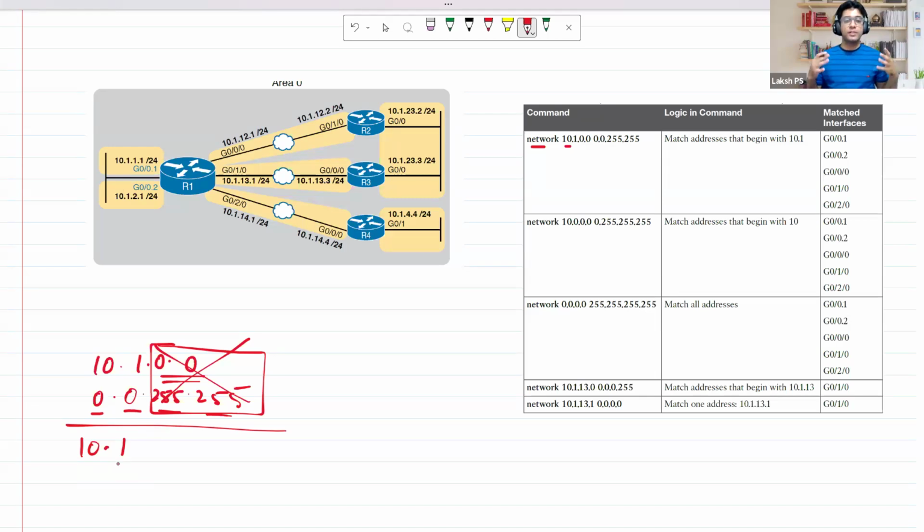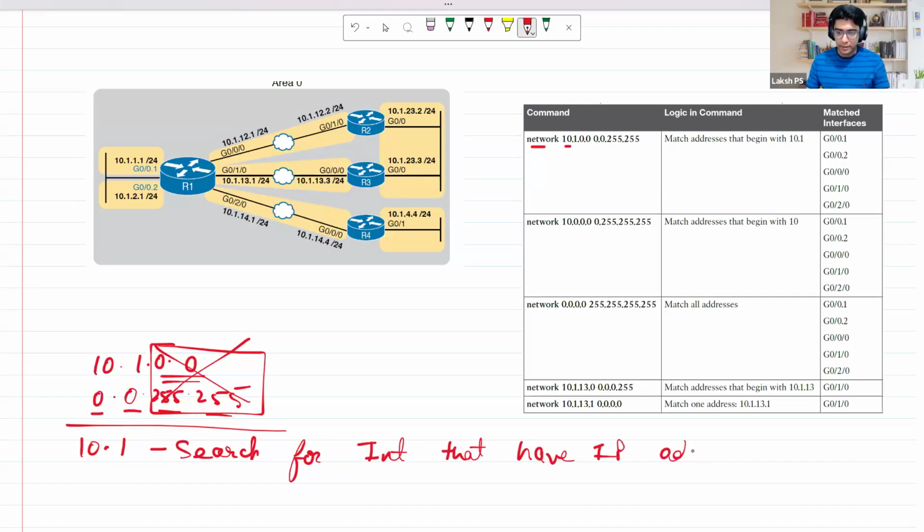Now, what OSPF does with this network command and wildcard combination is that it will search for interfaces that have an IP address starting with 10.1.